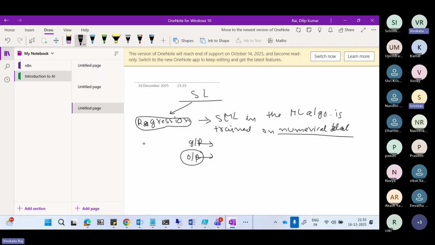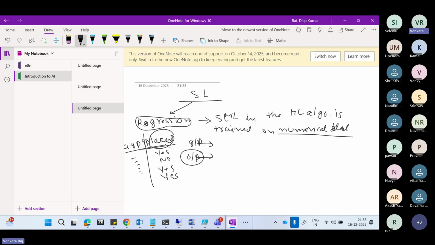Like I'll give you an example, the same CGPA and IQ and placed. The output should be in numerical format. Output is placed. Somewhere in the data we have yes, no, yes, yes.